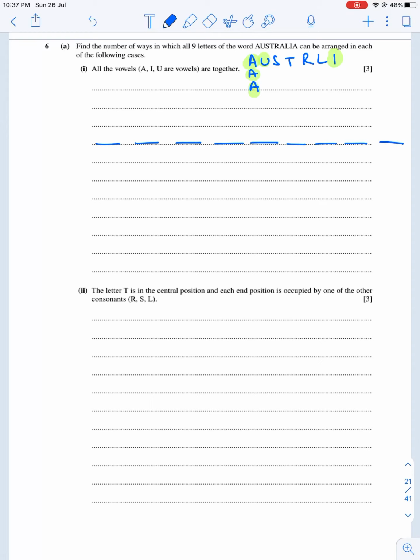There are 5 of these, so you make a group of 5. So it's going to be 1, 2, 3, 4 and 5. 5 factorial multiplied by, within this group there are 5 letters, so they can be arranged in 5 different ways, but the A is repeated thrice, so 3 factorial in the denominator because of the repetition of A.